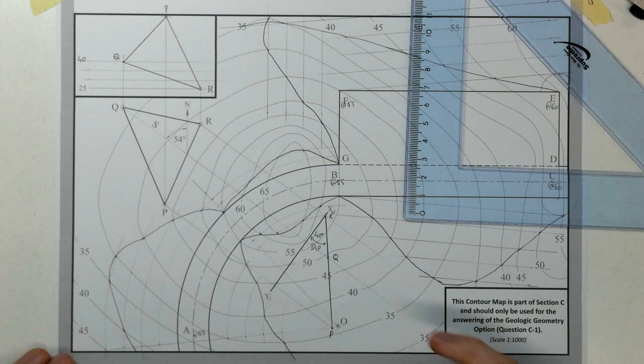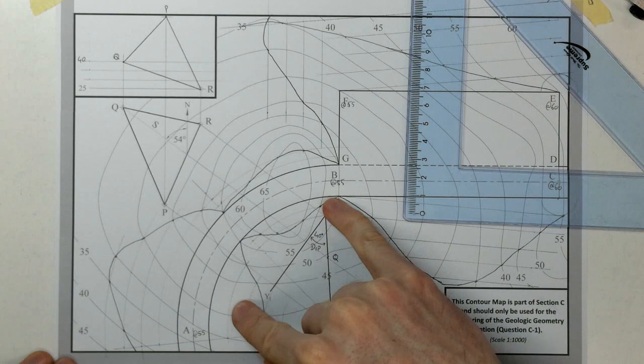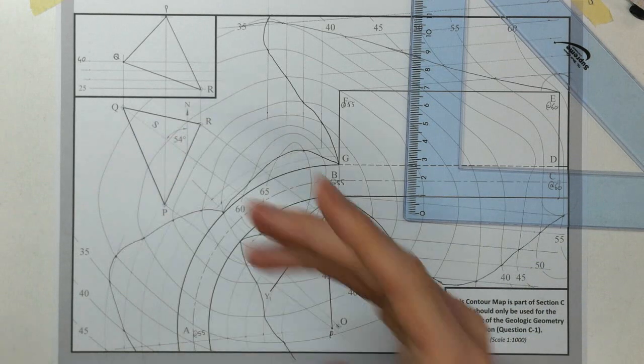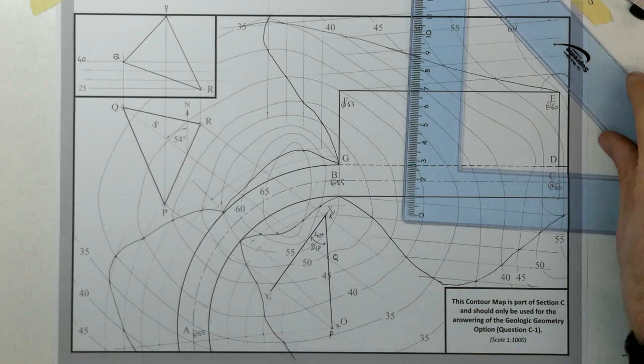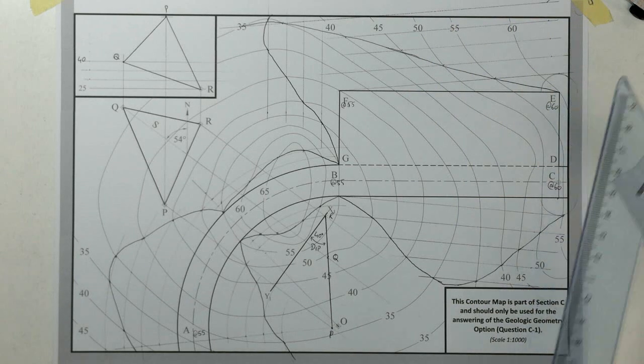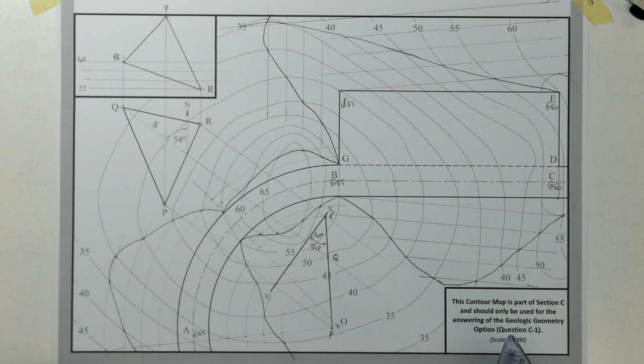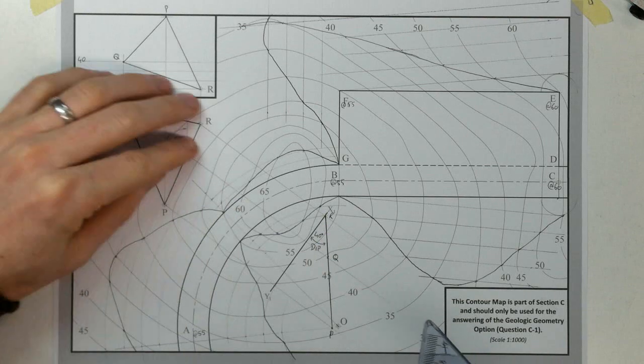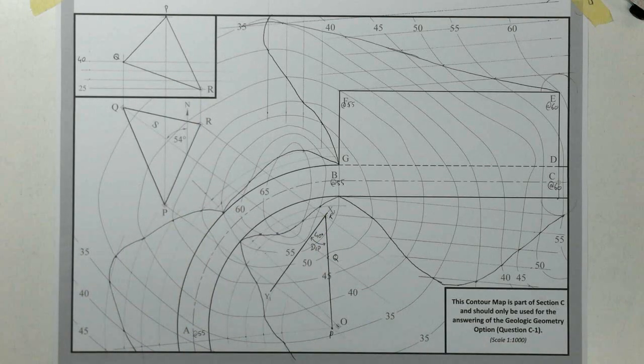So two ways we can do it. We could rotate it down, bring it back down, show it there, or we could do a true shape using a second auxiliary. I think it's a little bit messy if we get into a drawing on top of a drawing. I prefer a second auxiliary.